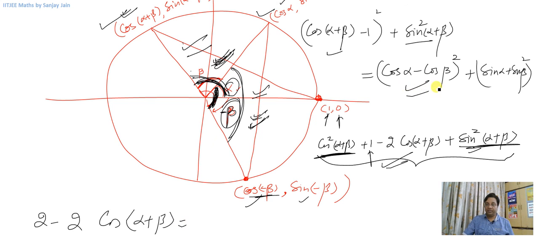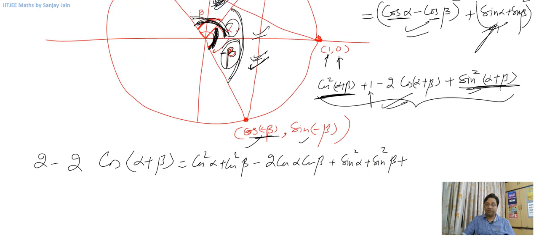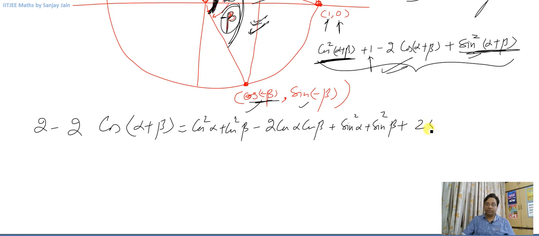So on the right hand side, if I square these, I'll have cos square alpha plus cos square beta minus 2 cos alpha cos beta, and from this I'll have sin square alpha plus sin square beta plus 2 sin alpha sin beta.